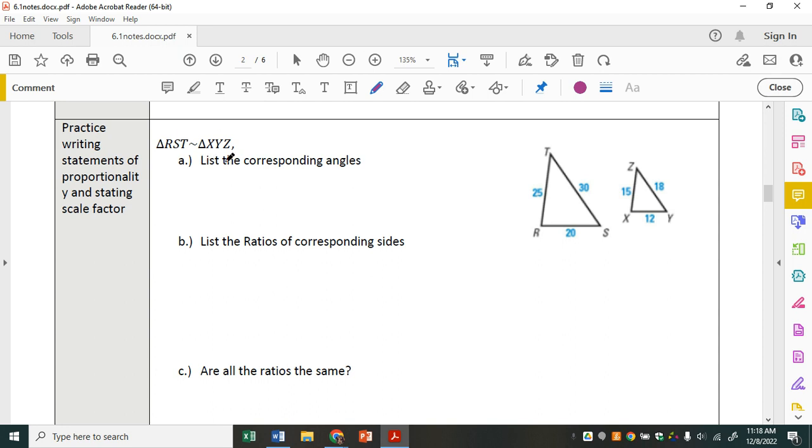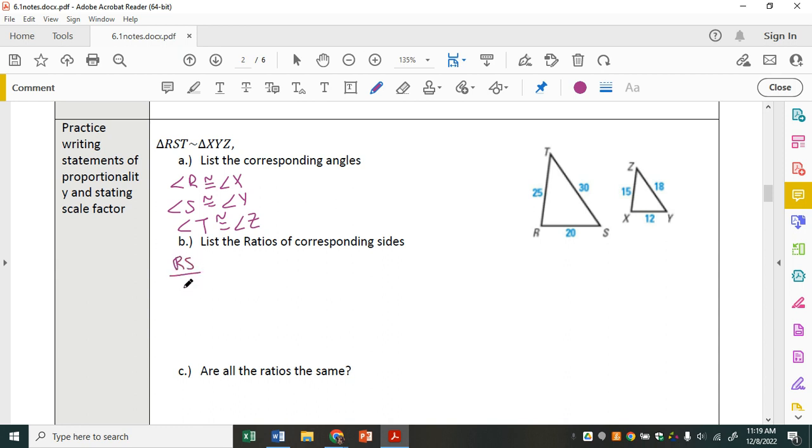In the example below, we have our similar triangles. It says list the corresponding angles. You can use just the similarity statement to do that, or you can use the diagram here. So you can say angle R will be congruent to angle X. Angle S will be congruent to angle Y, and angle T will be congruent to angle Z. Your ratios of the corresponding sides are what we were doing above, right?